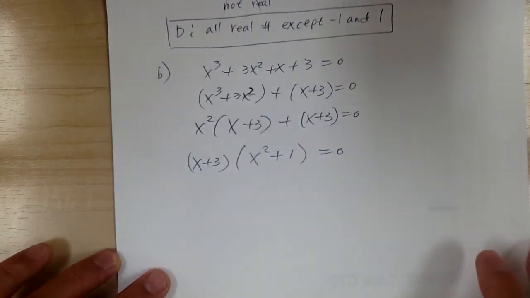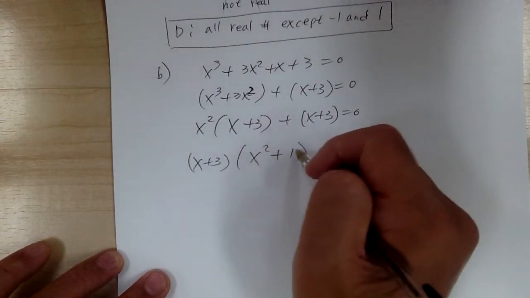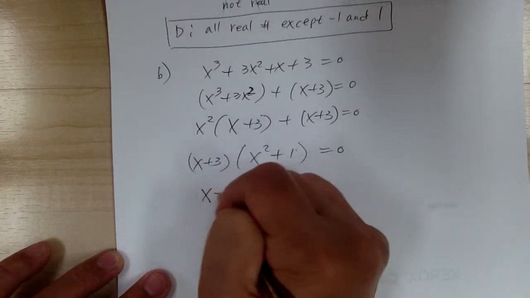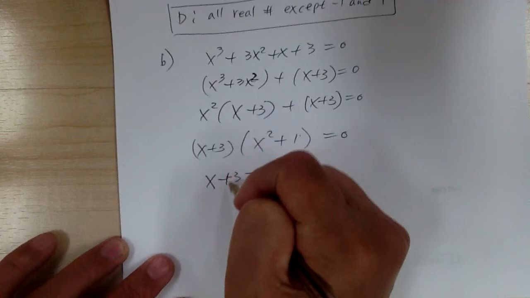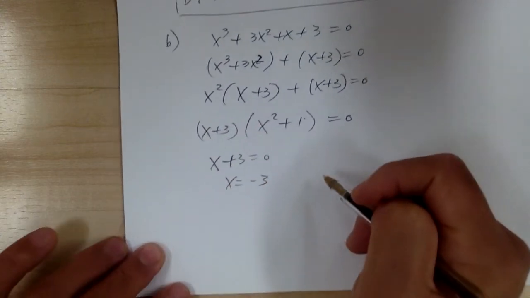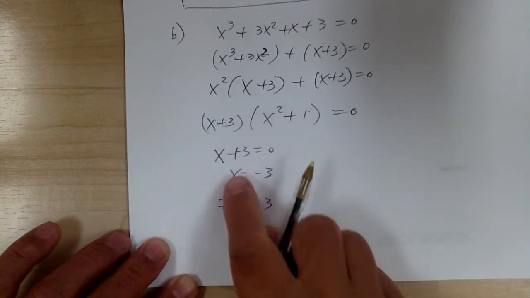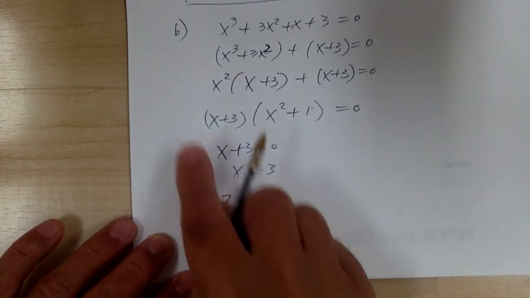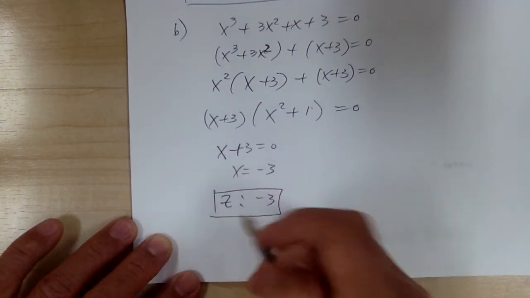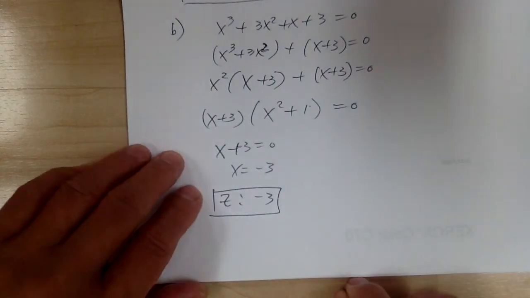We only deal with real numbers right now, so you don't have to worry about this part. All you have to worry about is this part over here. So you get x equal to -3. Your zero would be -3. So when x equals -3, y will equal 0.